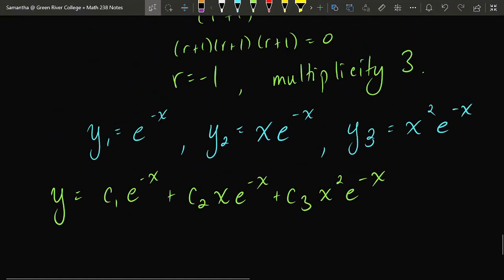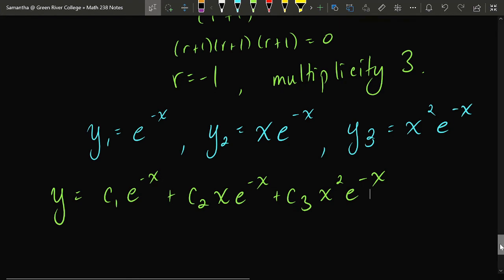That concludes today's material. We now know exactly what to do with all possible cases of a homogeneous equation with constant coefficients. If the auxiliary equation has distinct real roots, then that's really easy, because the distinct real roots are going to give you distinct linearly independent solutions that you can use to construct your general solution.